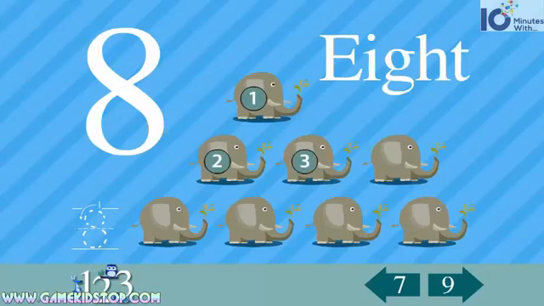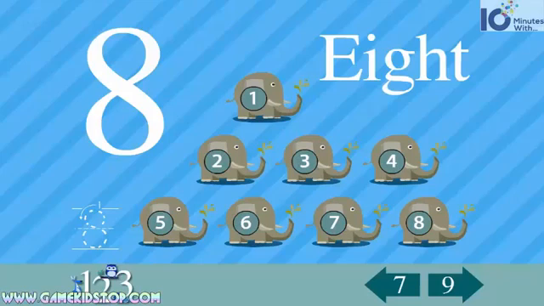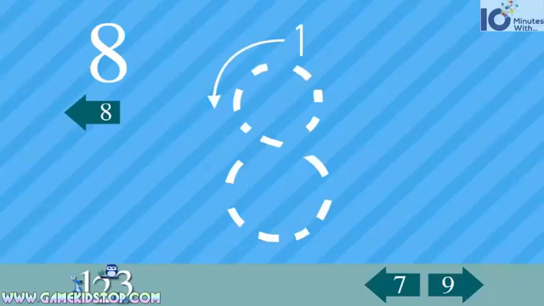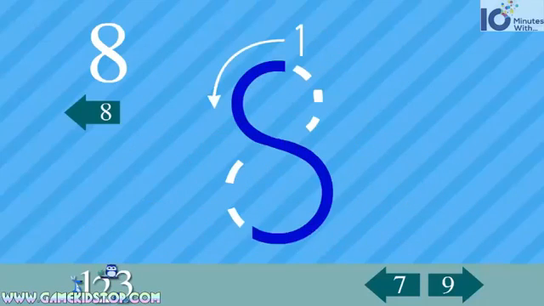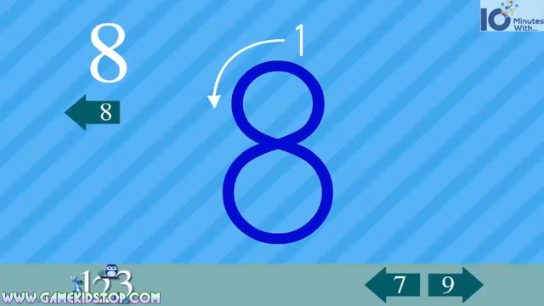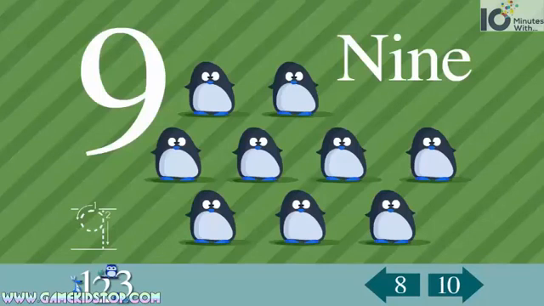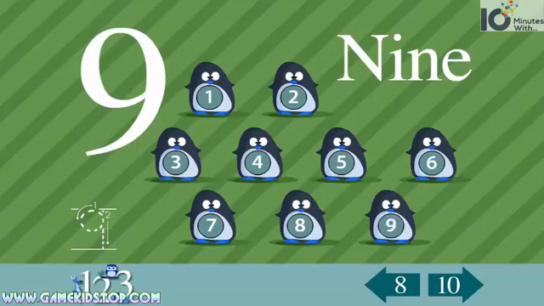1, 2, 3, 4, 5, 6, 7, 8. 8 elephants. Fantastic. 1, 2, 3, 4, 5, 6, 7, 8, 9. 9 penguins.